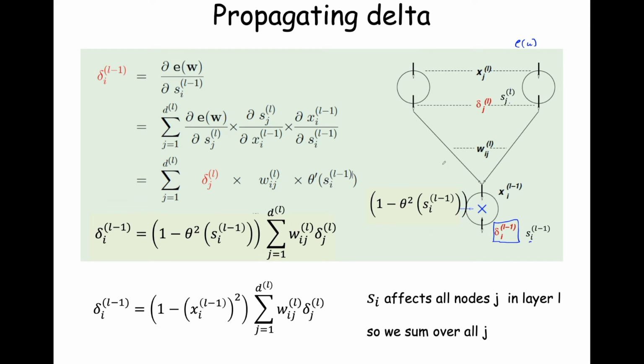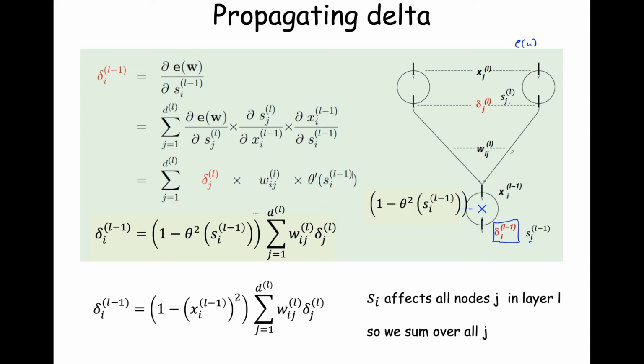And so by chain rule, if we want the partial of the error with respect to the score for the ith node, layer L minus 1, we go through to the score for the jth node in layer L, and then from the score for the jth node, layer L, to the input that feeds into it, because it's dependent.